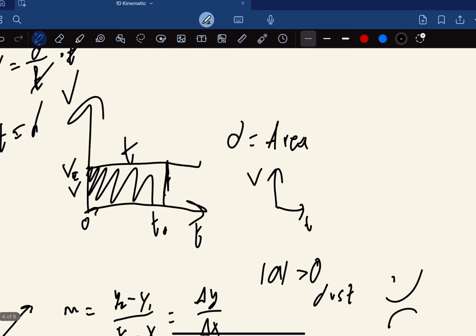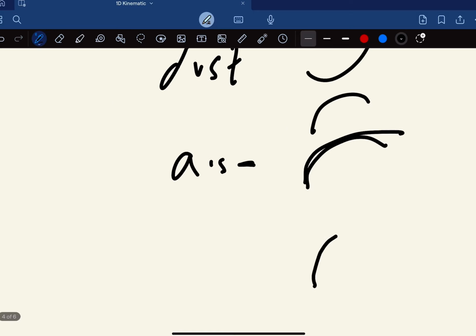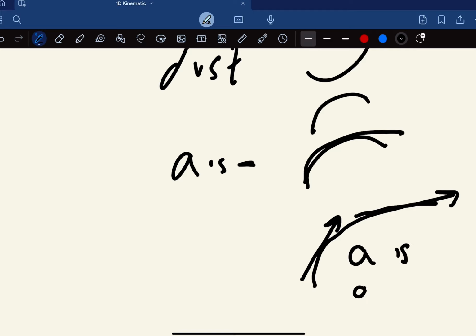So since our acceleration is negative, we know that our graph is going to be concave down. So it is going to look like this because, as you can see, the velocity here is greater and the velocity here is less because a is dragging velocity down.